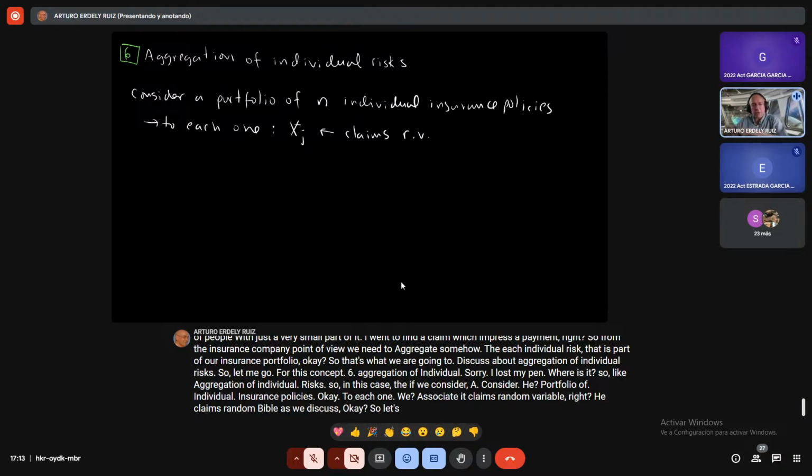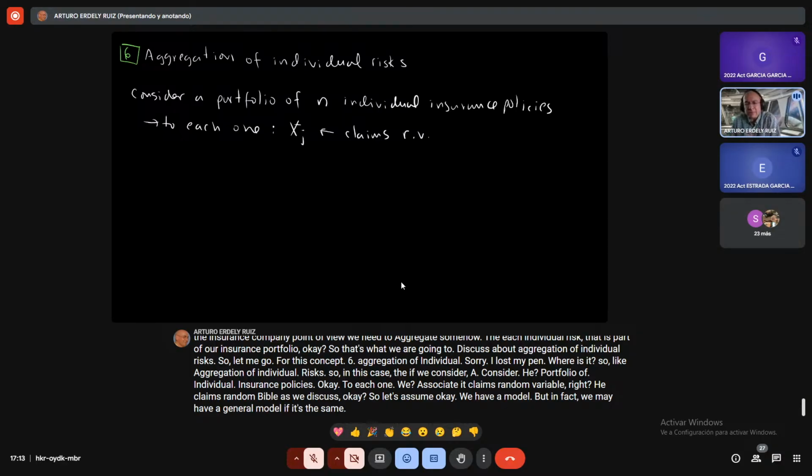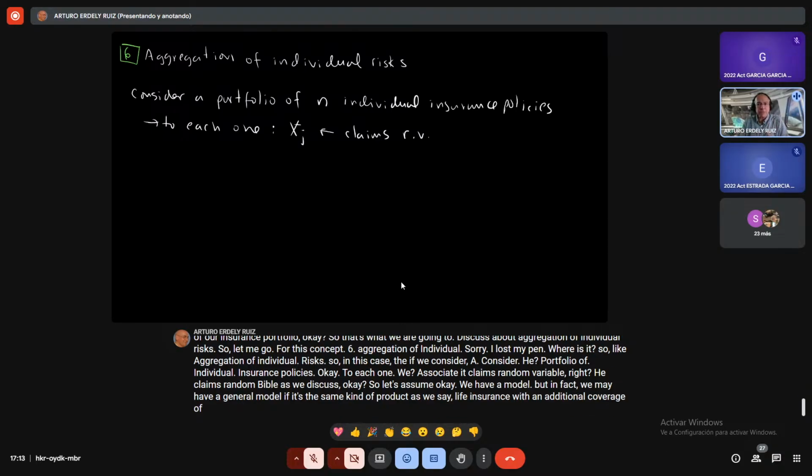So let's assume, okay, we have a model. But in fact, we may have a general model if it's the same kind of product, as we said, life insurance with an additional coverage of 2 times the insured amount in case of death, okay?